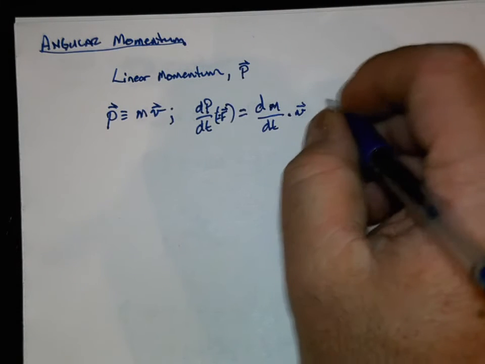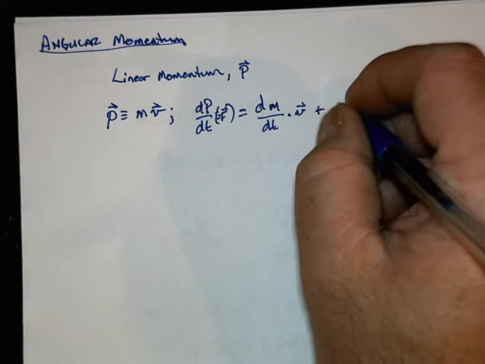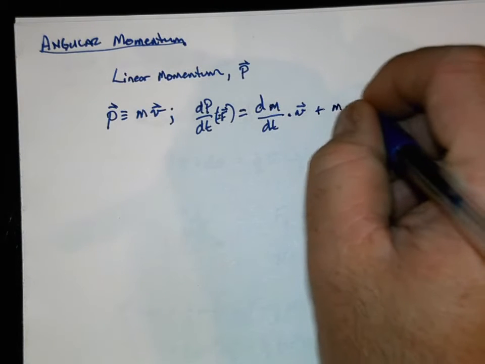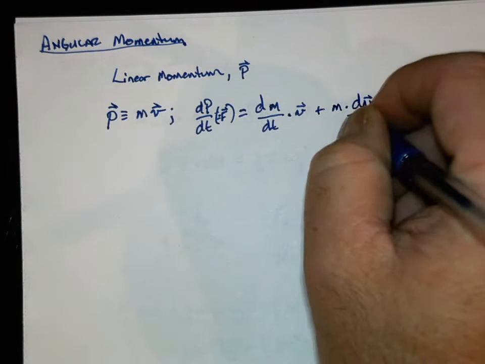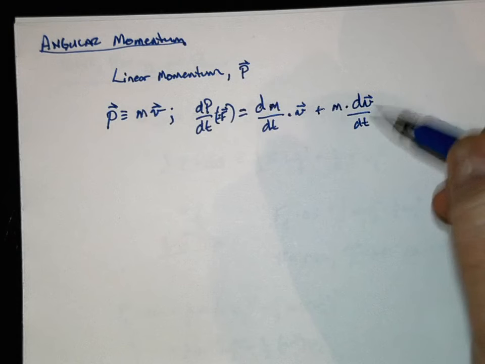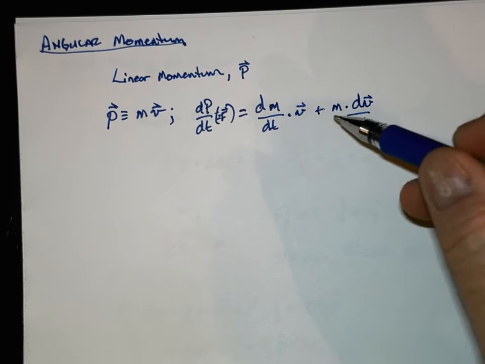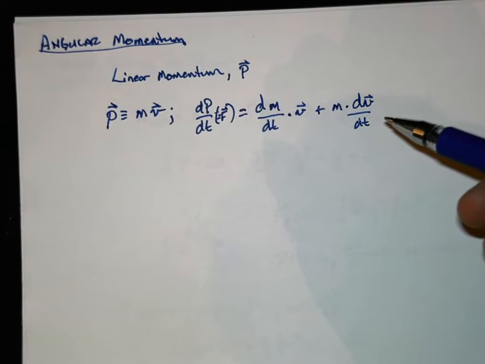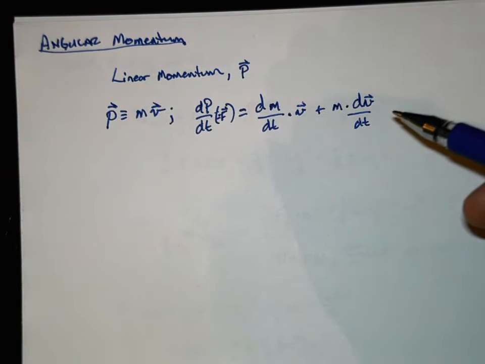And there's also our mass times dv/dt, and this is our more traditional one because this becomes our acceleration times our mass, and that's what we usually know as Newton's second law here.